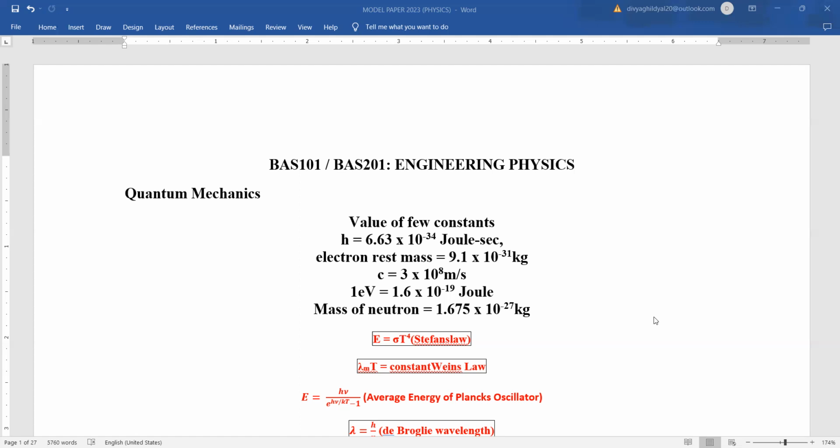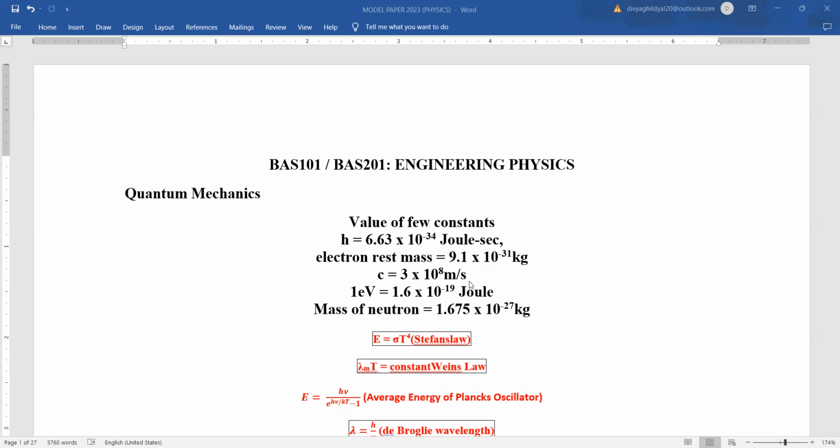Let us begin. Our first unit is quantum mechanics. What we should remember is the numerical value of Planck's constant h equal to 6.63 into 10 to the power of minus 34 joule second. Rest mass of electron 9.1 into 10 to the power of minus 31 kg.